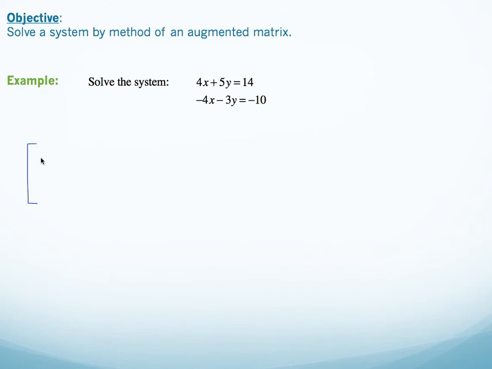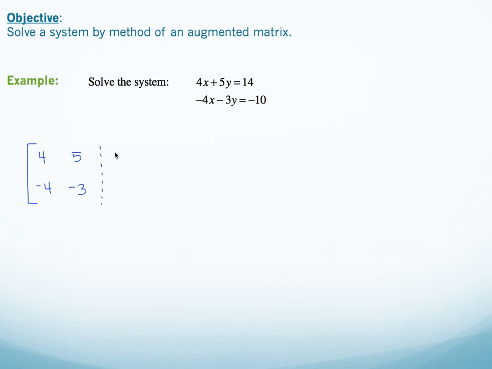I'm going to go ahead and write down the coefficients for x. Let's get down the coefficients for y. Now it's really important that you make sure you write down the sign, so if you have a negative coefficient, make sure you write down the negative sign. I also sometimes like to separate the coefficients of my variables from the constant, so you can do that as well if you'd like, but you don't have to.